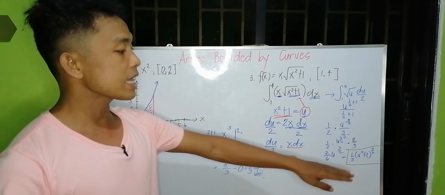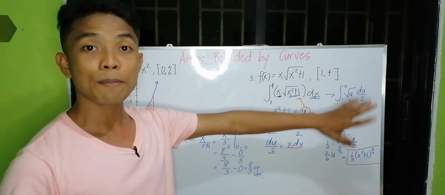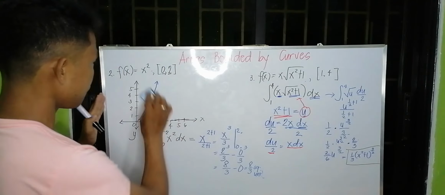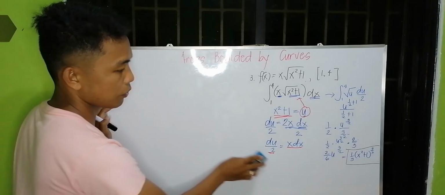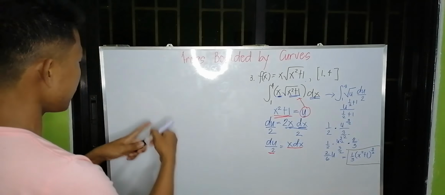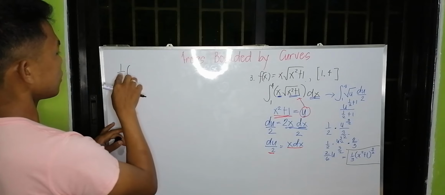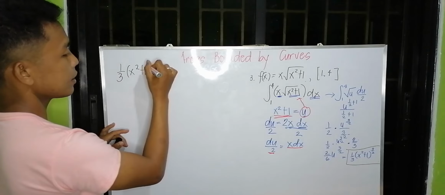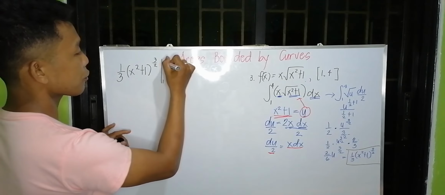However, this is not yet the final answer kasi this is from 1 to 4. Isa-substitute mo pa siya. So, sige. Alisin natin yung mga nandito. And then continue solving. So, that is 1/3 times the quantity of x squared plus 1 raised to 3 halves from 1 to 4.